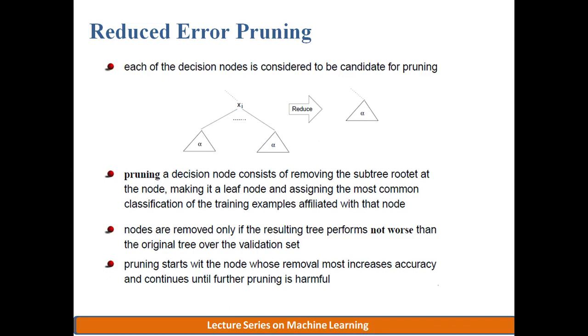Let us see what reduced error pruning is. How exactly might we use a validation set to prevent overfitting?